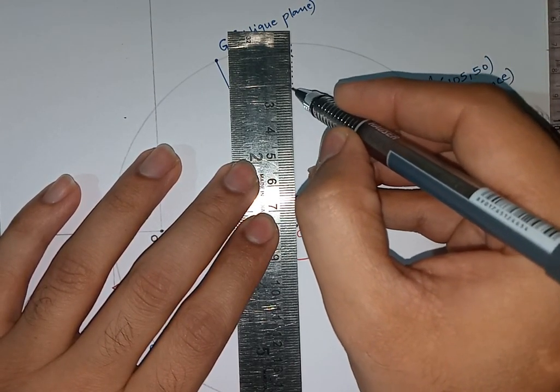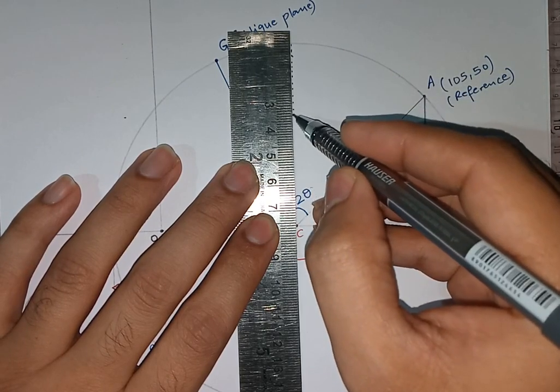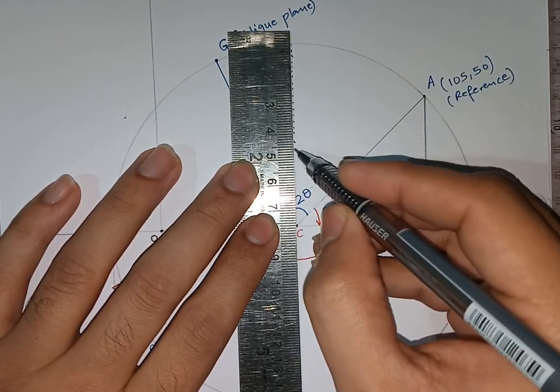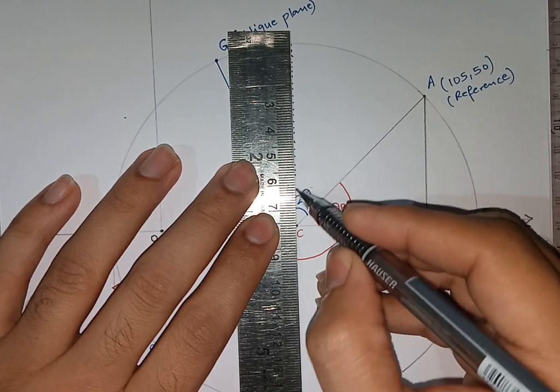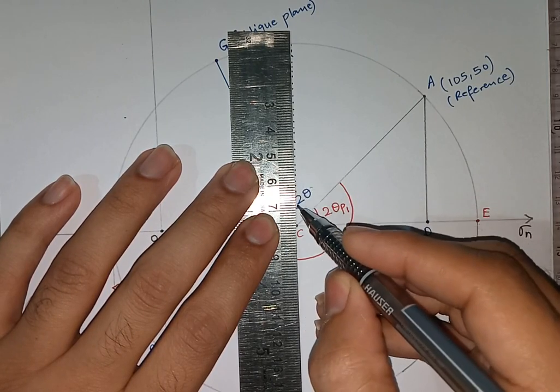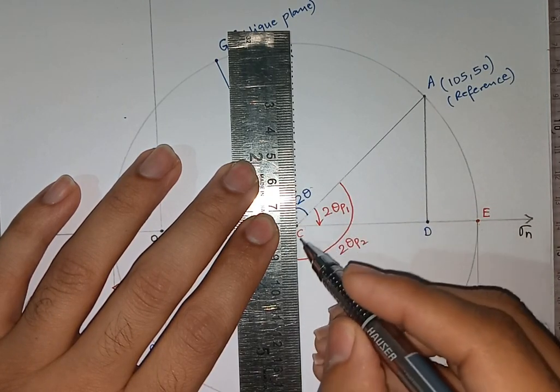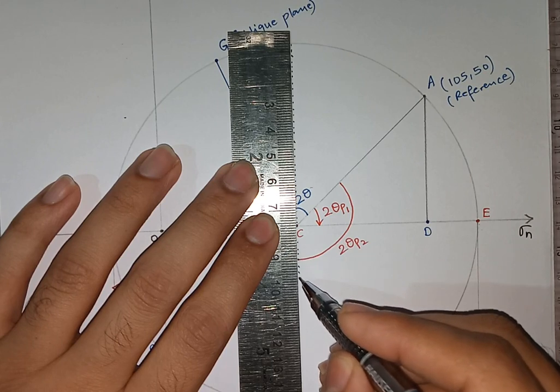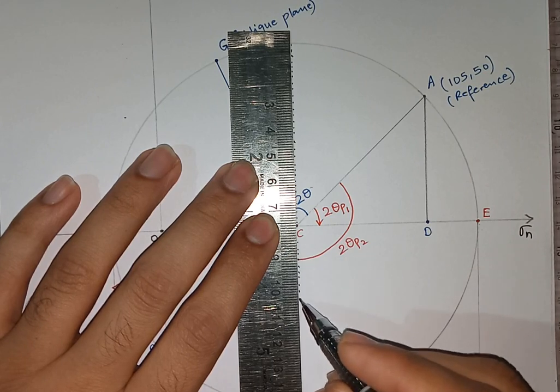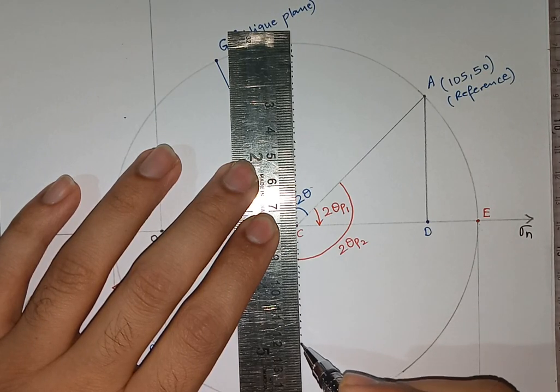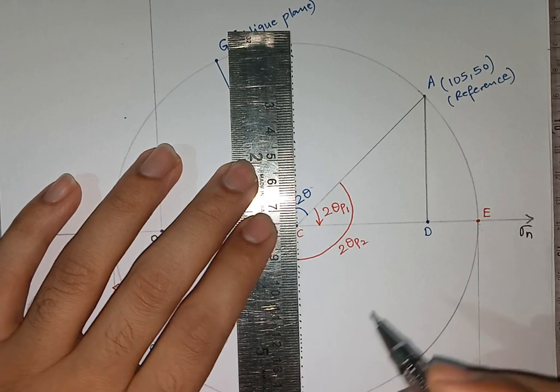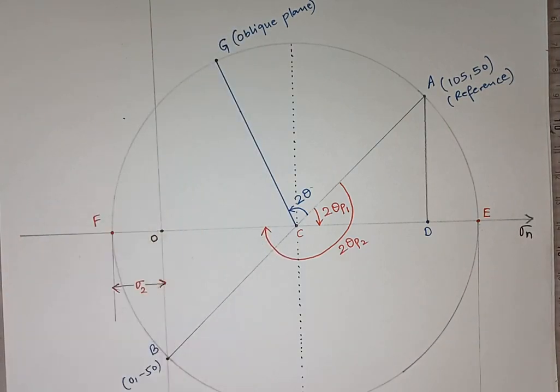So I'll just draw this dotted line. Right, so this dotted line gives me the magnitude of maximum shear stress.